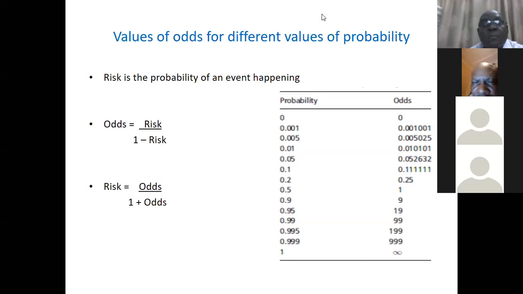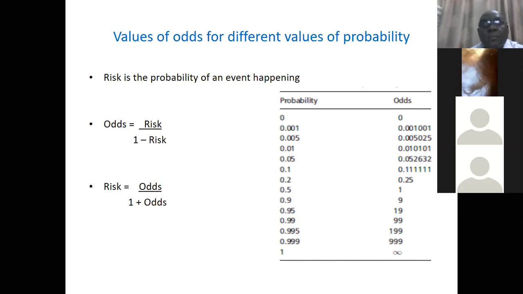If I say the probability of it raining today is 0.6, what are the odds of it raining? It is 0.6 over 1 minus 0.6. That is the probability of it not raining.